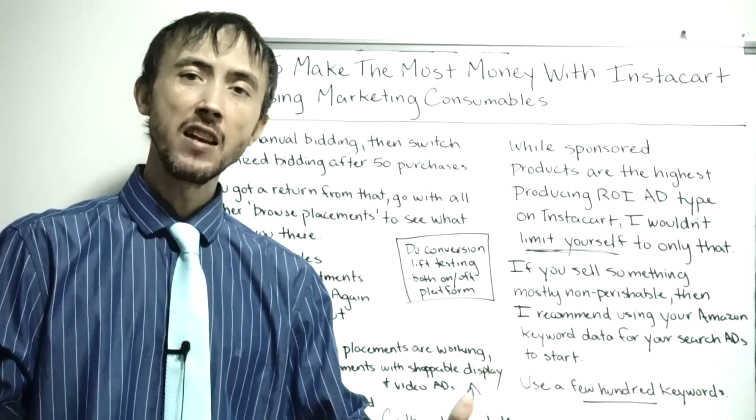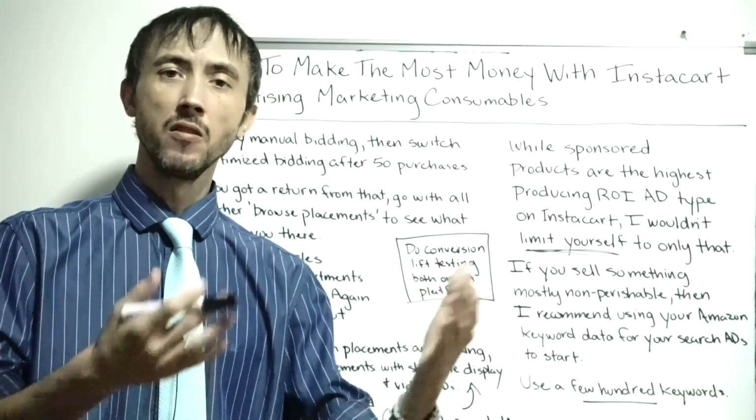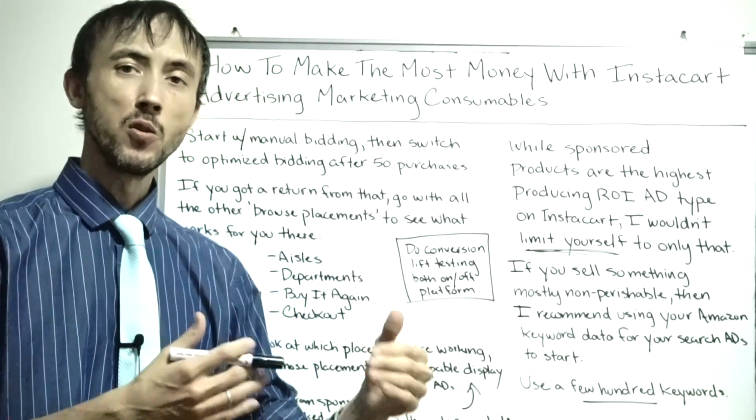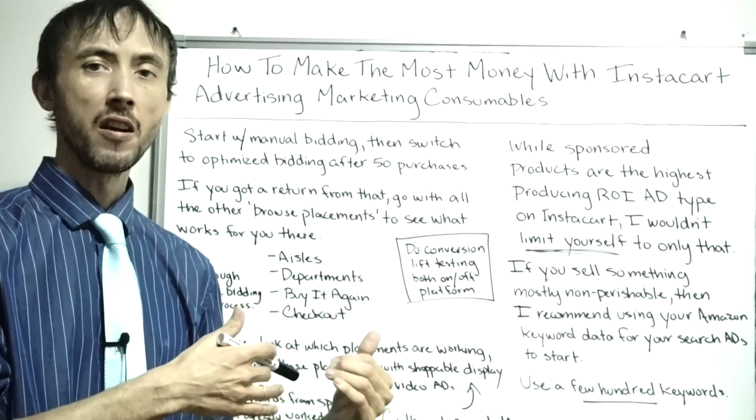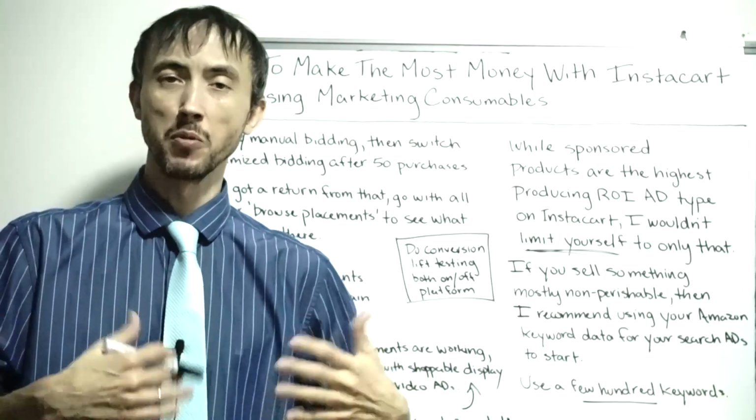But we'll be able to find it through running ads on Amazon or potentially through Google, and then use that data to leverage our Instacart ads to get all the possible sales we can get.